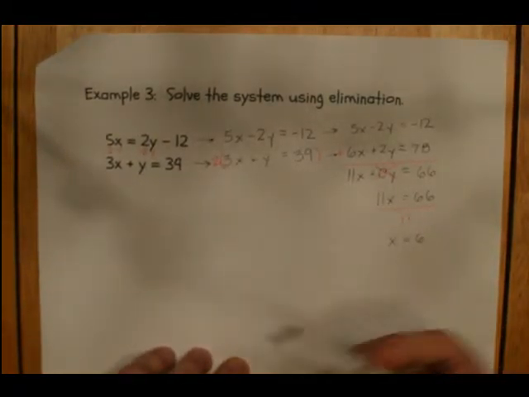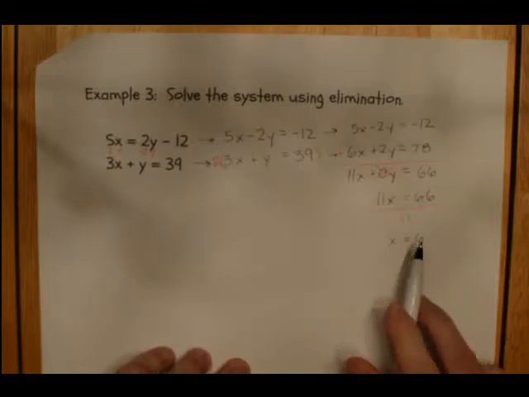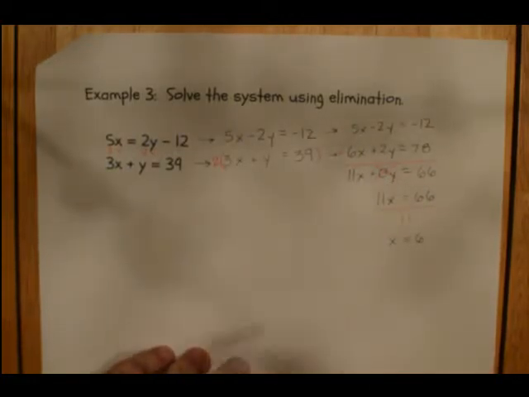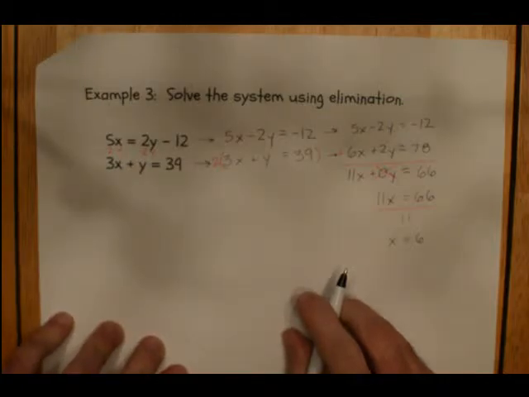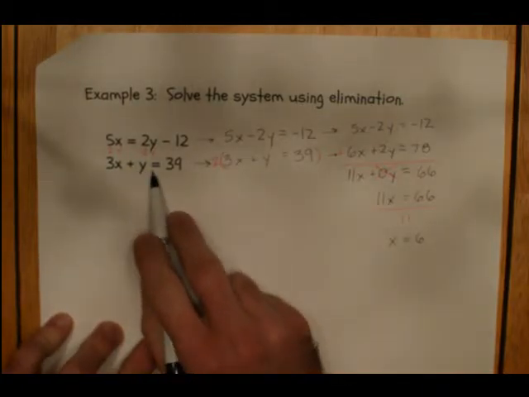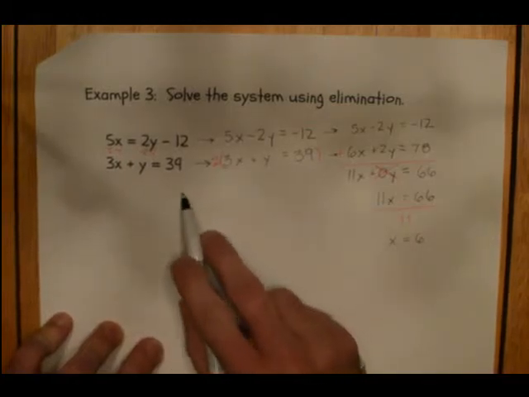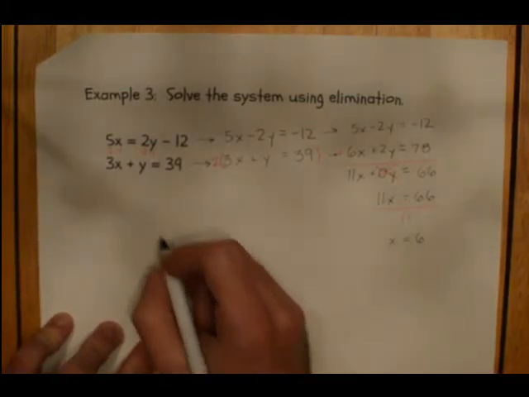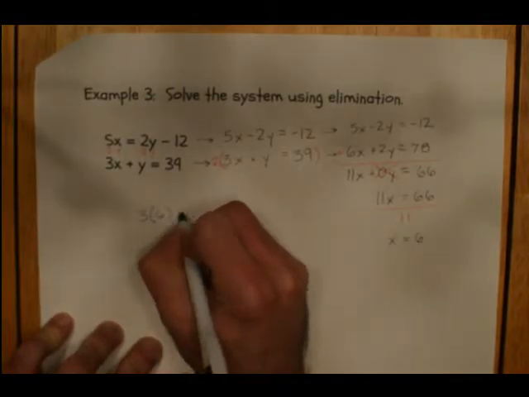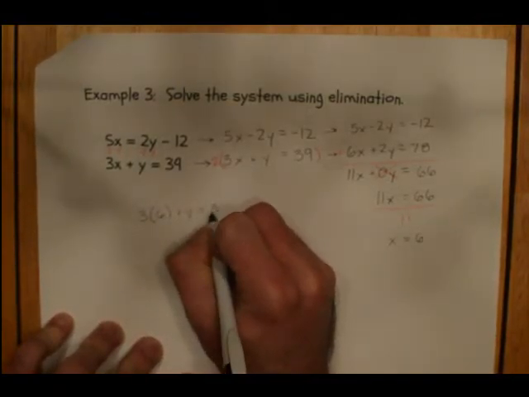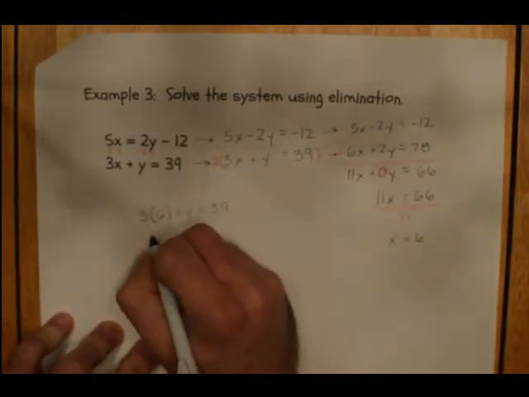Now that we have x, we'll need to find y, so we'll take that value, go back into any of these equations and substitute it in to find y. So I'm going to just go back to this second equation here, because y is just plain y. So 3 times x, which is 6, plus y is equal to 39. Well, we got 3 times 6.